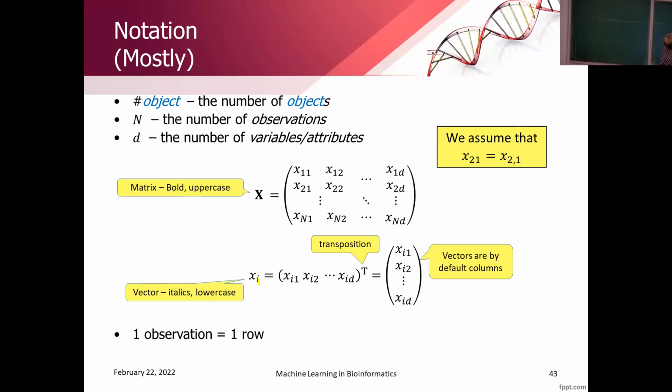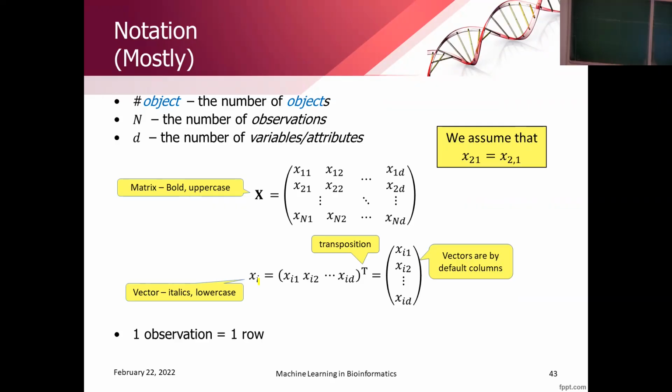So we have some observations, and these observations are described by some attributes which take some values. All the observations we will usually store in a matrix capital X, because most of the methods we will cover in the lecture will work with numerical variables. So we will usually describe the objects using values of some attributes.